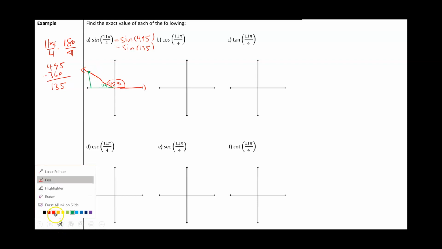Remember that for 45 degrees, the corresponding point is radical 2 over 2 and radical 2 over 2. Notice that we're going left, so the x is negative, and we're going up, so the y is positive. Sine is always the y value when you have an ordered pair on the unit circle. So the sine is going to be radical 2 over 2.